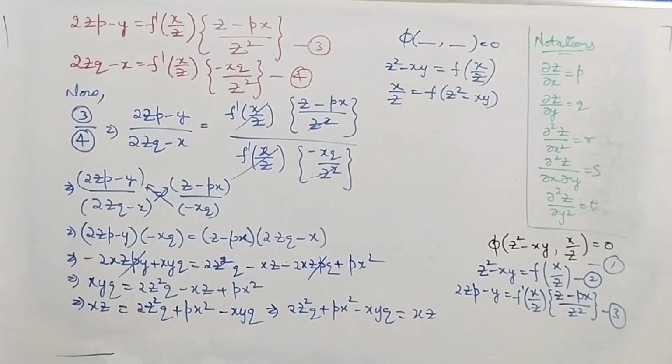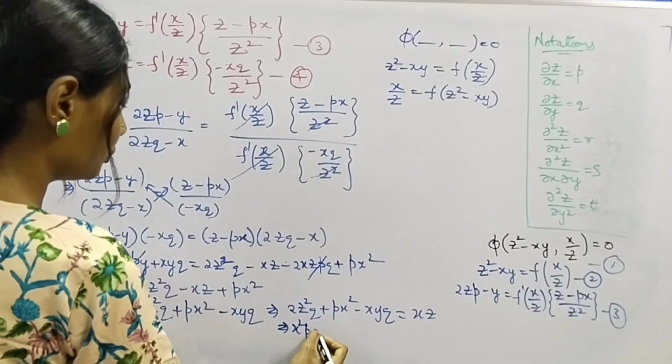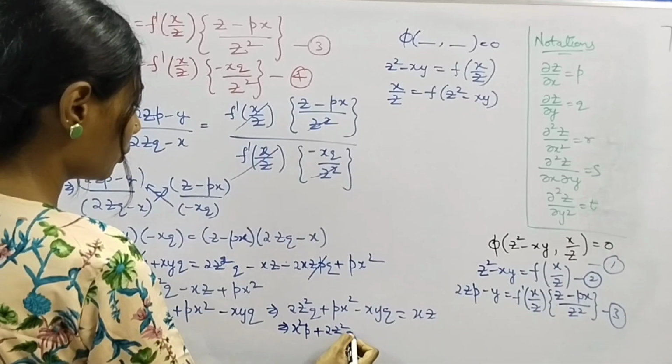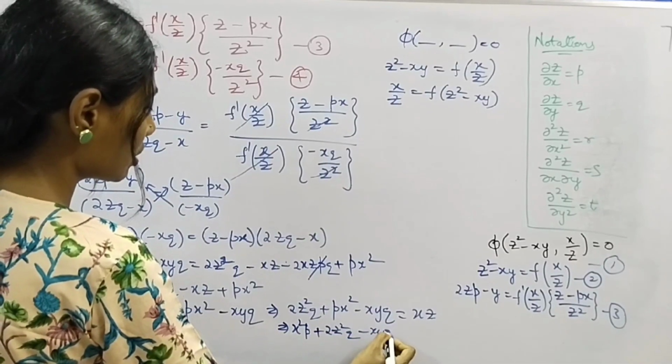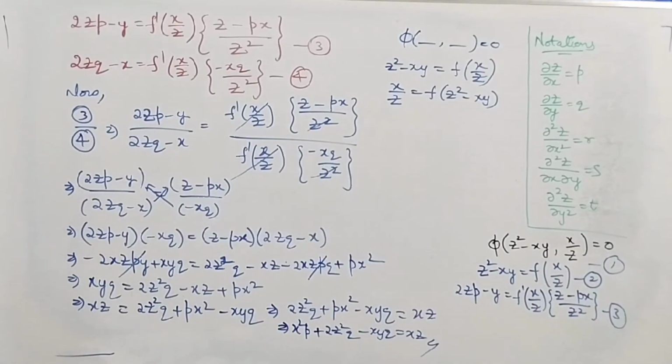Fine. Now, this is the required partial differential equation. Or let's write it as x²p plus 2z²q minus xyq equal to xz, or zx, whatever. This is the required partial differential equation.